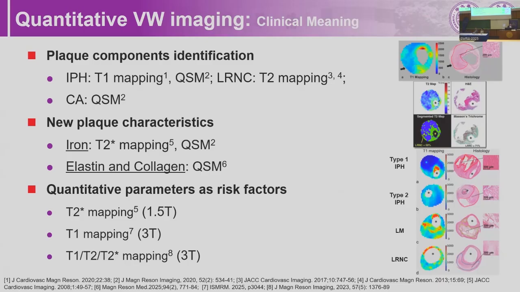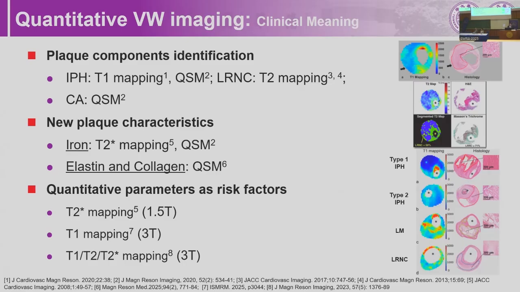Another thing is that quantitative vessel wall imaging may provide new information about the plaque itself. The first is iron deposition, which can be identified and quantified using T2 star mapping or QSM. And there is another recent study using QSM to quantify elastin and collagen in the plaque.